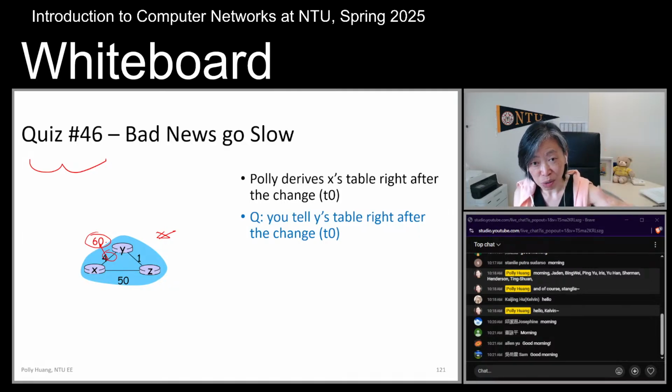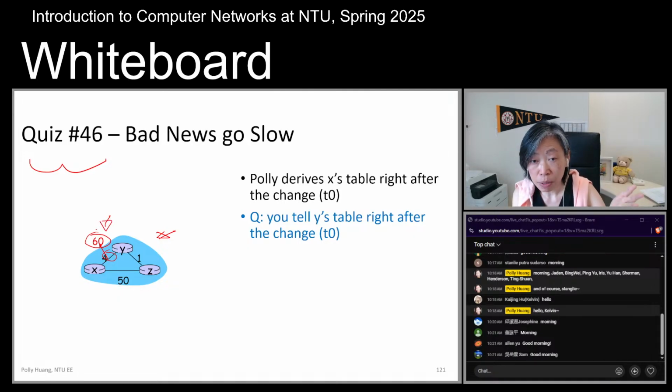In that pseudocode, we thought the only condition to trigger the Bellman-Ford computation is receiving a distance vector from neighboring nodes. But that's not the only condition. If you read the slides closely, there's another condition that triggers the Bellman-Ford computation, which is the link cost change.